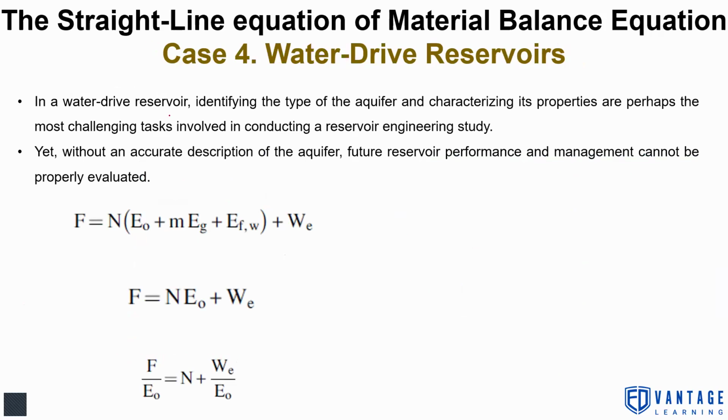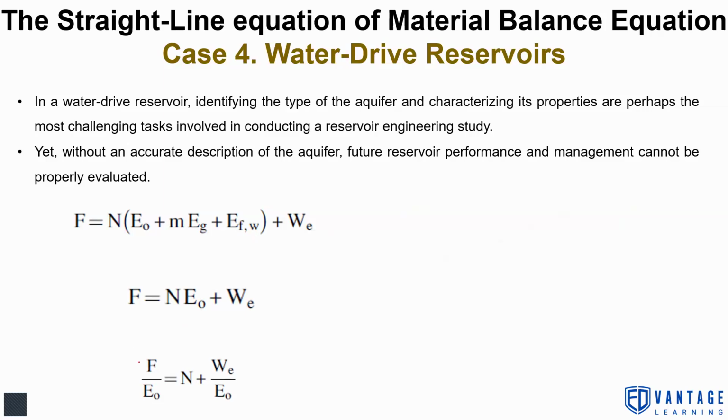And case 4 is water drive reservoirs. So if I have F is equal to N into EO plus MEG plus EFW plus WE, for simplicity I'm neglecting EG because I predict that there is no gas cap support available. There is purely water support. And if there is strong water drive in the reservoir, we also can neglect EFW because it is very weak compared to the WE effect. So F will be N into EO plus WE.